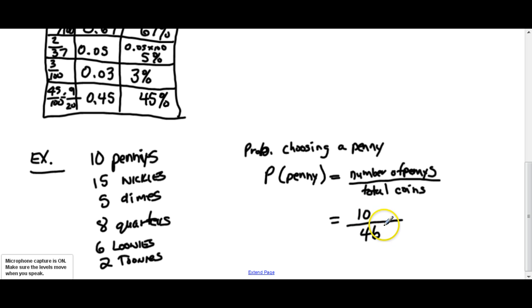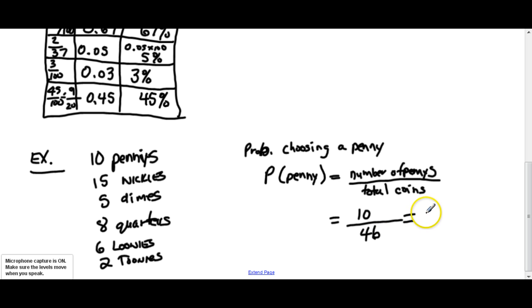10 of them are pennies. So if I was to stick my hand in there and randomly draw out a coin, what would be the probability of me drawing out a penny? Well, it would be 10 chances out of a total of 46. And this here, 10 over 46, is not a simplified fraction. I want to simplify it. So what number goes evenly into 10 and 46?